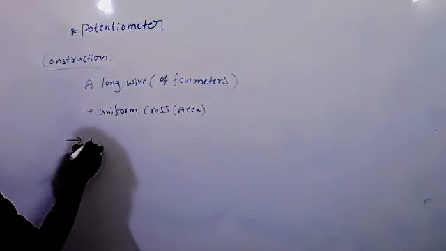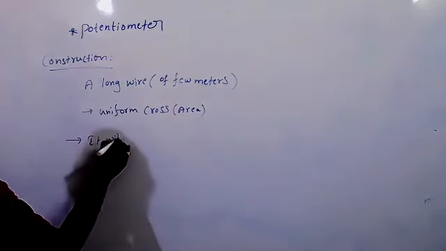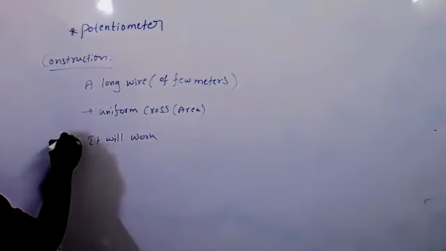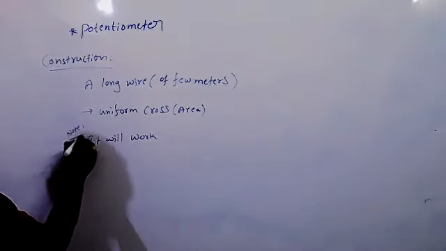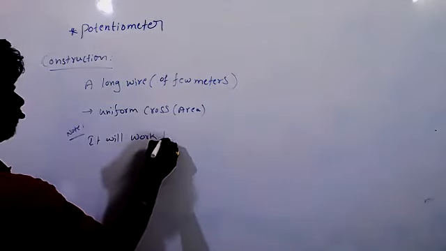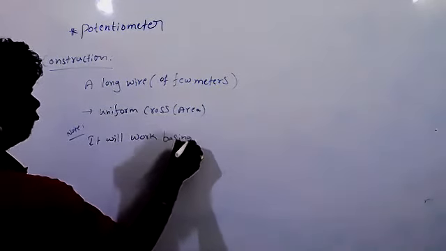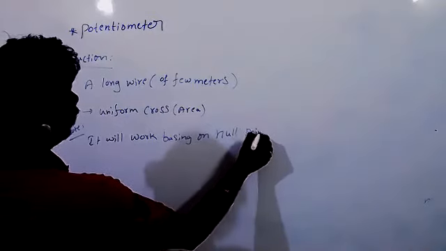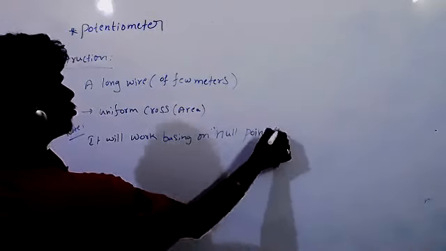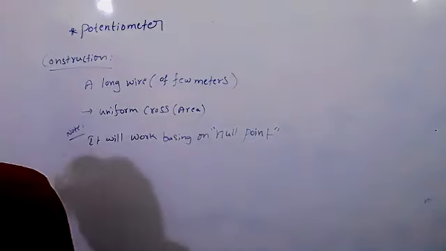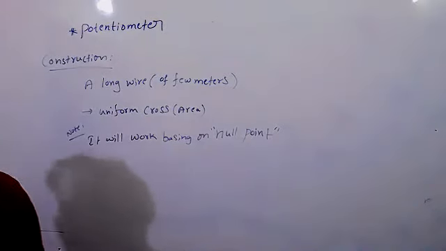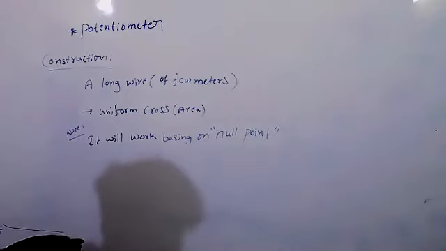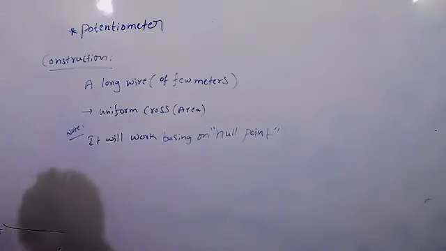It will work based on the null point. Do you know what is null point? In the meter bridge, when you are arranging the jockey, the current passing through the galvanometer should be zero.